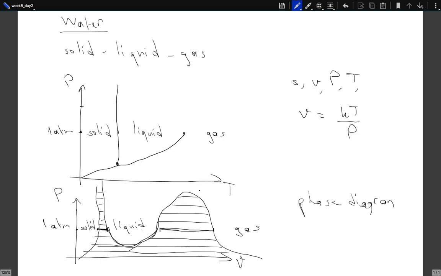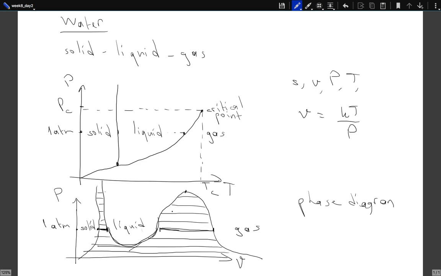So you see, above this pressure, well, it corresponds to this, not that one, sorry, somewhat above. At this point, that is called the critical point. And this is the critical pressure.